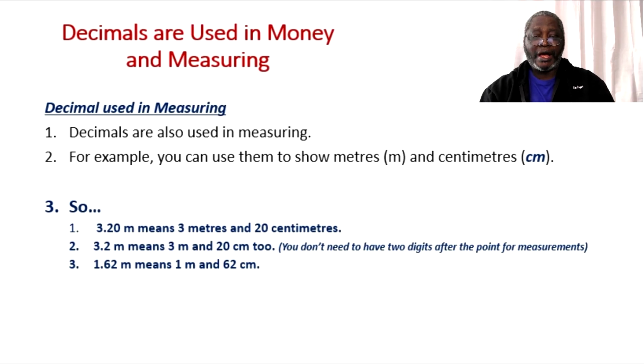You don't need to have 2 digits after the point for measurements, okay? So you can write it as 3.20 or 3.2 meters, it's the same thing. 1.62 meters means 1 meter and 62 centimeters, and so on.